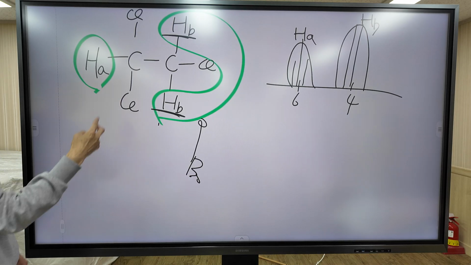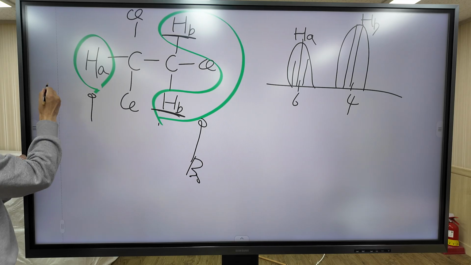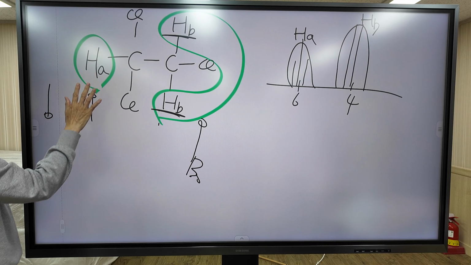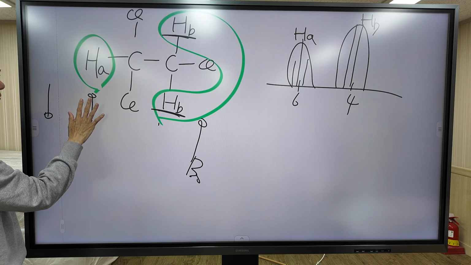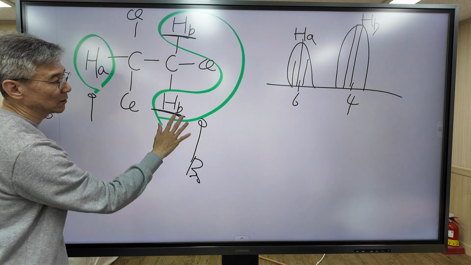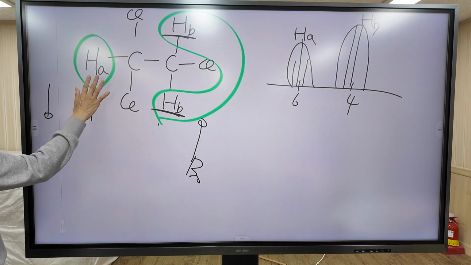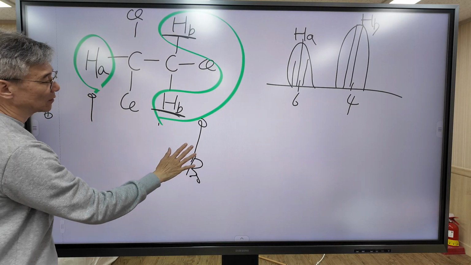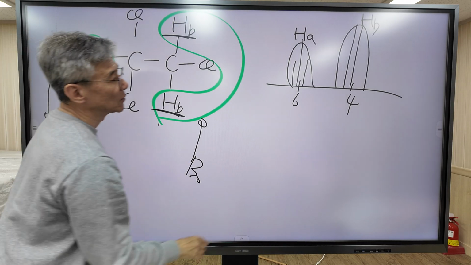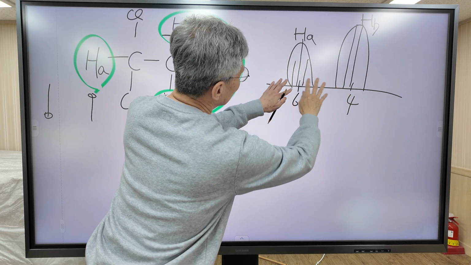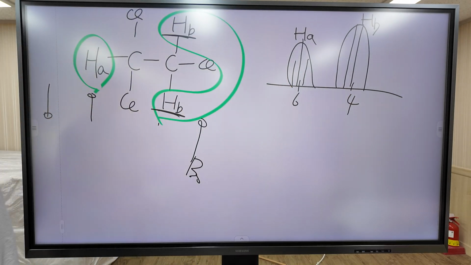There are two possible ways, up spin and down spin. When the spin state of Ha is up spin, the magnetic field is added to B0, so the transition frequency is increased. When the Ha proton is down spin, the transition frequency is lowered. So two peaks appear. So the multiplet structure is shown.